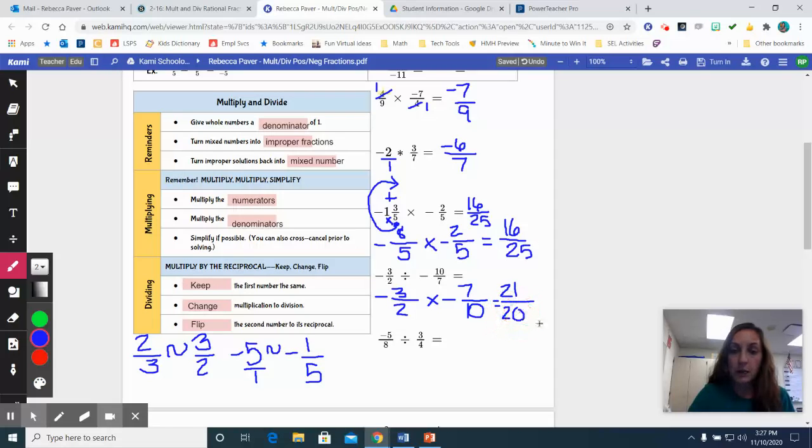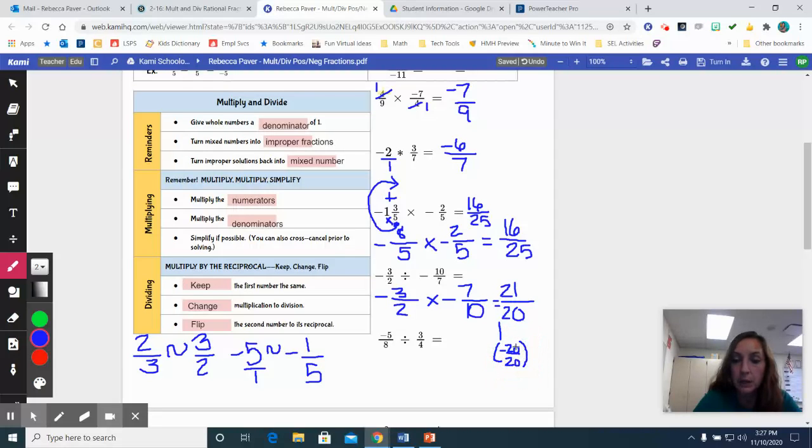Here we ended up with an improper fraction. It's not wrong, but it is requested that you change this back to a mixed number. In order to do that, you have to ask yourself, how many times does 20 go into 21? I know that it goes one whole time. That means that I just used up 20 20ths. So I'm going to have to subtract 20 20ths, because 1 times 20 is 20.